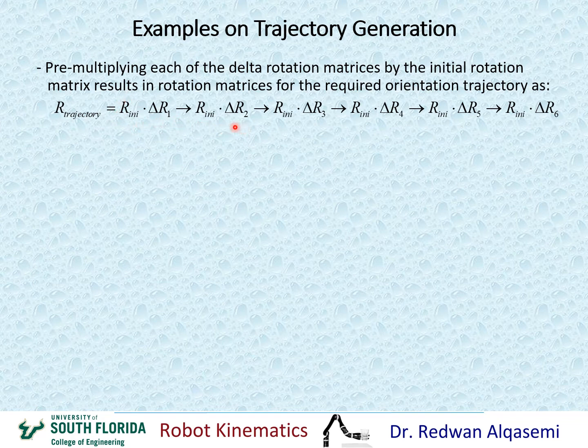The next step would be R initial times delta R2, then R initial times delta R3, then R initial times delta R4, R initial times delta R5, and then R initial times delta R6. This final rotation would be identical to the rotation matrix of the final step in the transformation matrix that was given in the example.